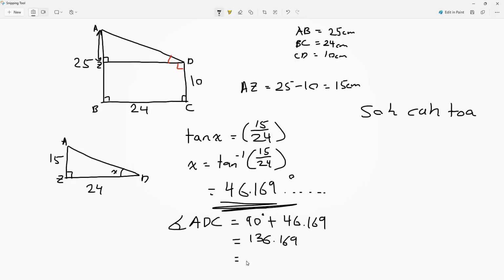And then in the O-level syllabus, if you're an O-level student, we have to round it to the first decimal place. So it'll be 136.2 degrees, and that's our answer.